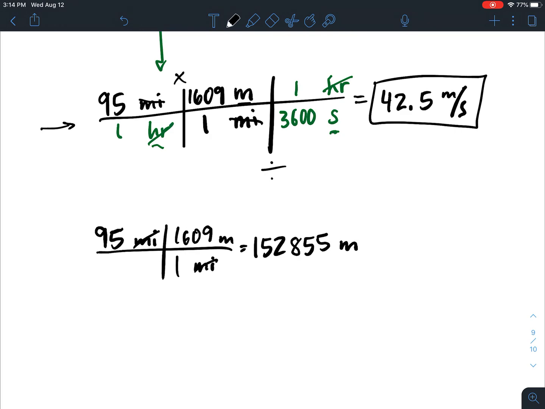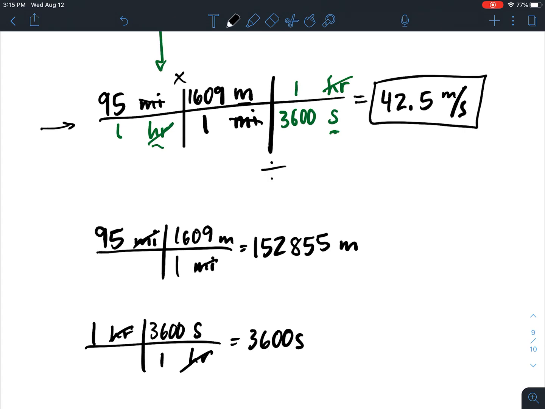Forgot to cancel that out. Okay, and then separately, I'm going to do 1 hour. And I want seconds, so in 1 hour, I have 3,600 seconds. And so hours cancel. That gives me 1 times 3,600.